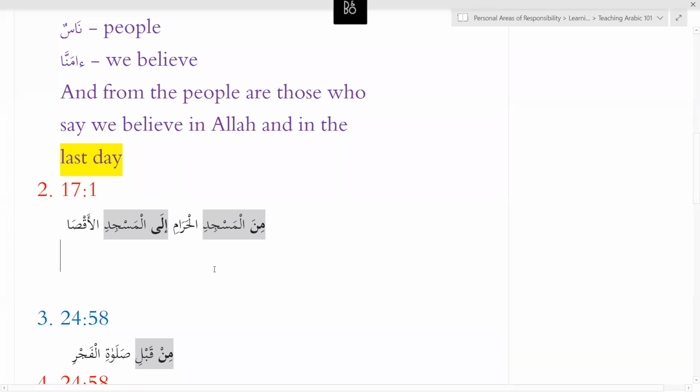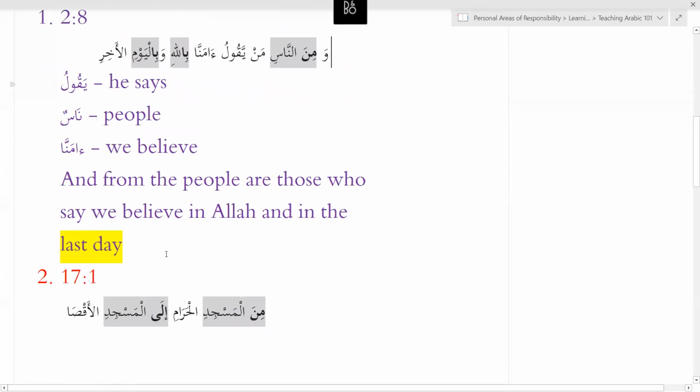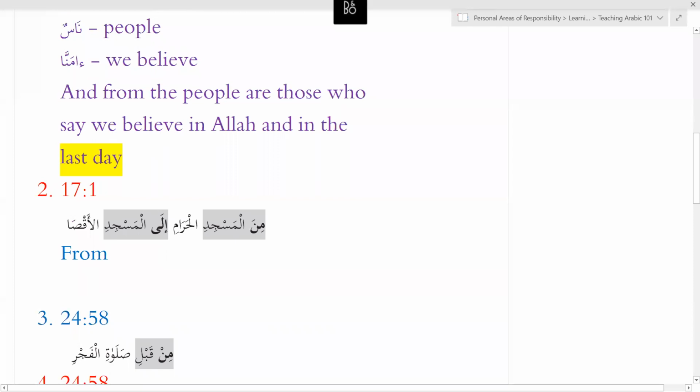What's the meaning of min, Zahan? What's min? From. From the mosque, from the masjid.